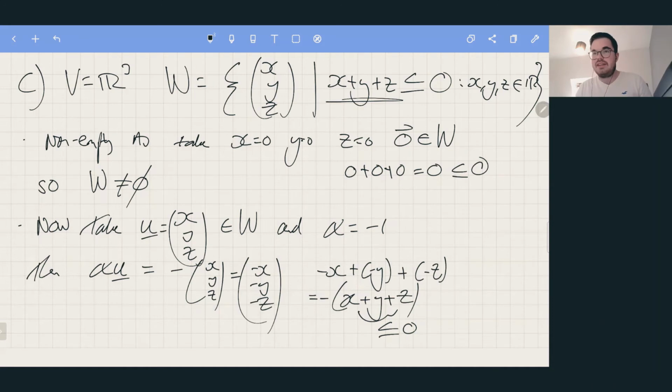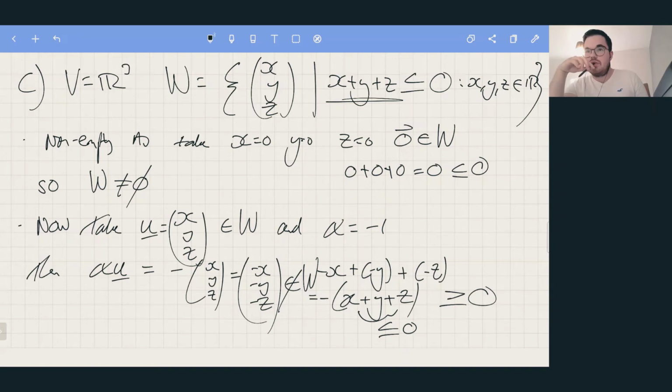But then, so it's a negative number. Because this thing here is a negative number or 0, a negative times a negative is positive. So this thing is either greater than or equal to 0, which means that this vector is not necessarily in W. It's only in W if x, y, and z are 0.